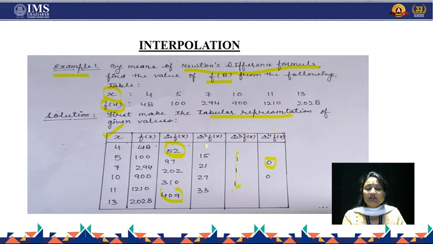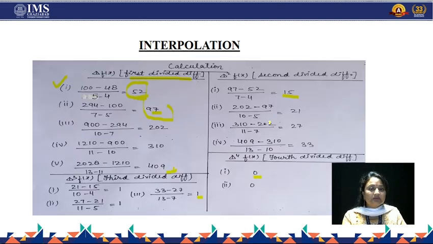For the second divided difference, one major change is there. Let's suppose here are 97 and 52. I will show you my analysis in the next slide. How do I get this 15? 97 minus 52 divided by 7 minus 4.